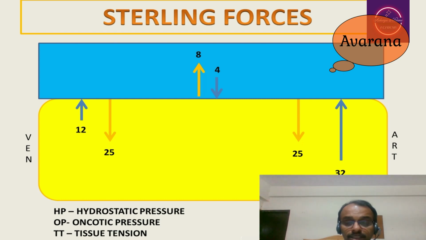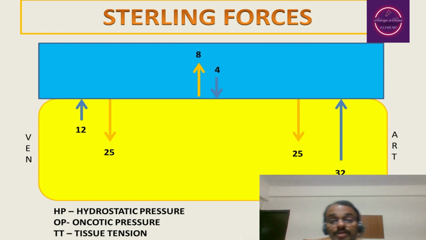These are the forces actually acting across the capillaries. The human body consists of nearly around 10 billion capillaries. Even the alimentary canal consists of some amount of capillaries. So if a person is taking any food substance which is responsible for inflammation, that is releasing proteins.